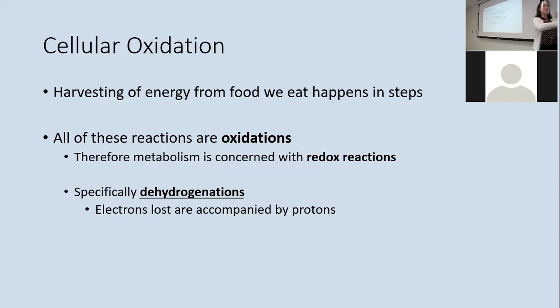So oxidation is happening, but it's oxidation where I also grab some protons while I'm at it. Protons are hydrogen atoms, which is why it's called a dehydrogenation. So I'm oxidizing it, taking electrons, and also dehydrogenating the molecule. Taking electrons, but also protons. Okay.